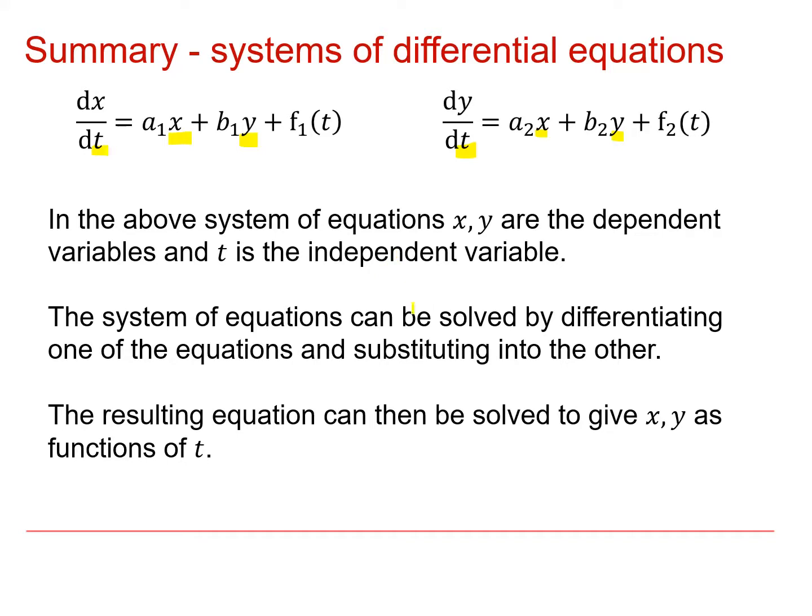And the system of equations can be solved by differentiating one of the equations and substituting into the other. So you do a rearrangement of one of the equations, differentiate, substitute into the other, and you should get a single equation, which can then be solved to give you x and y as functions of t.